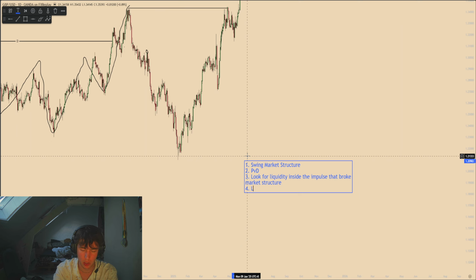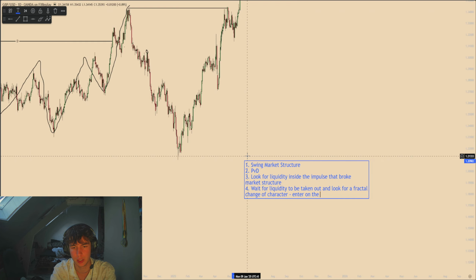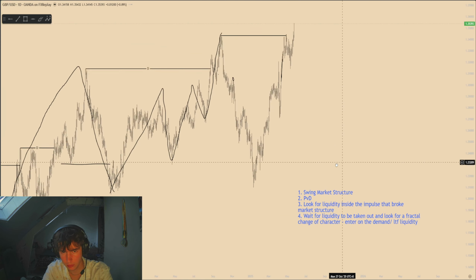And then four, wait for liquidity to be taken out and look for a fractal change of character. And then, of course, enter on the demand / lower time frame liquidity, like so.